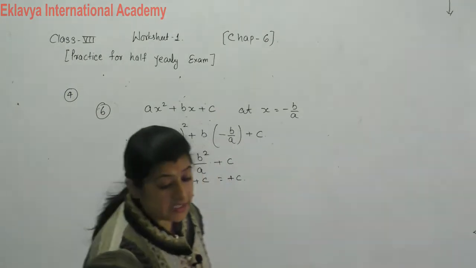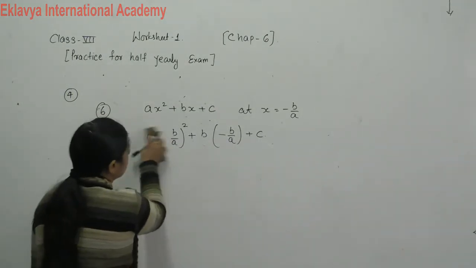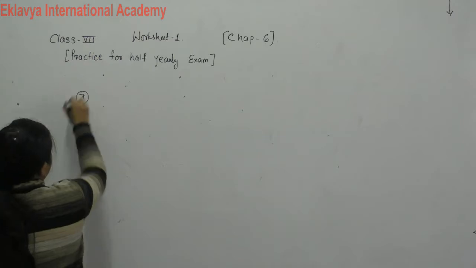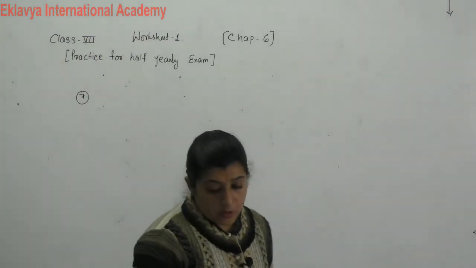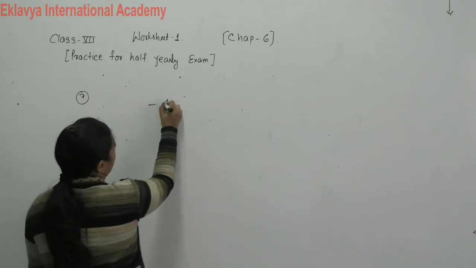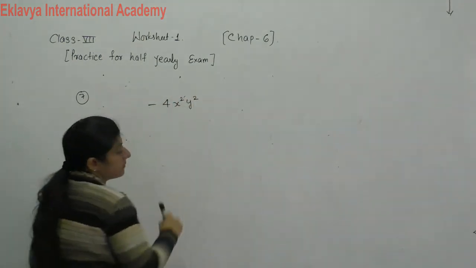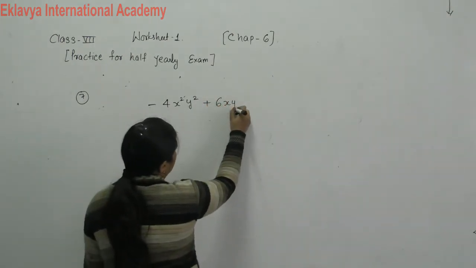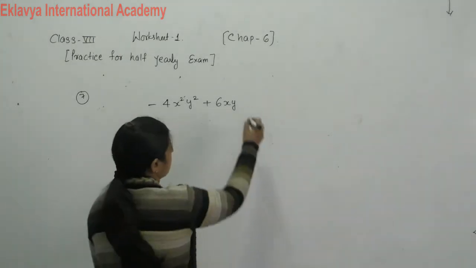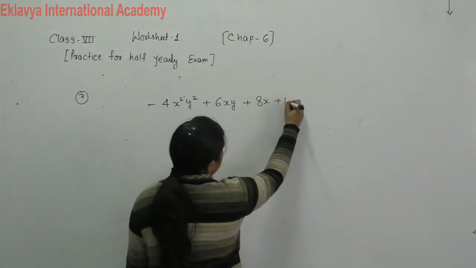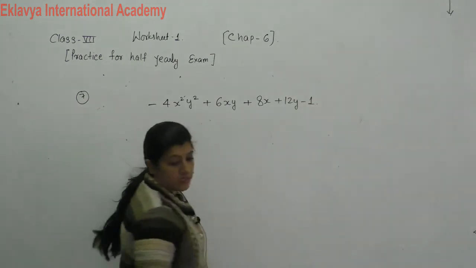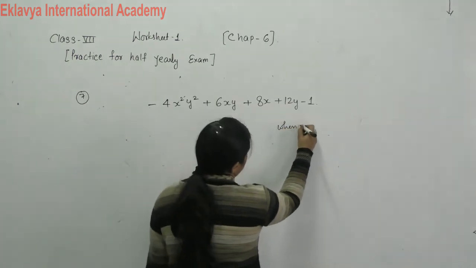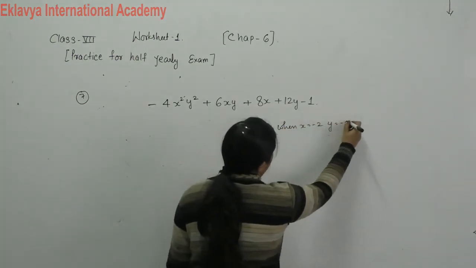Next one, find the value of minus 4x square y square plus 6xy plus 8x plus 12y minus 1 when x is equal to minus 2 and y is equal to minus 1.